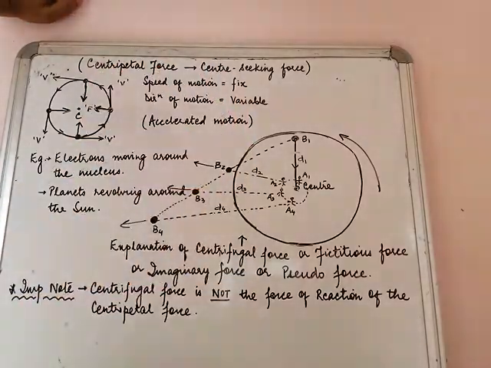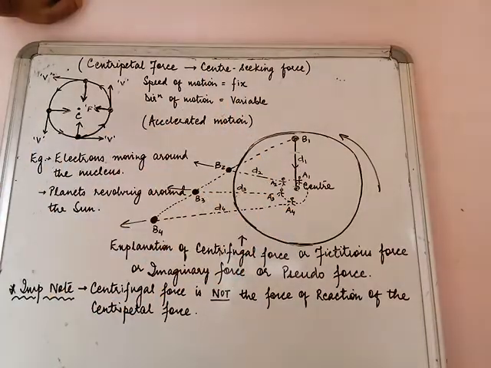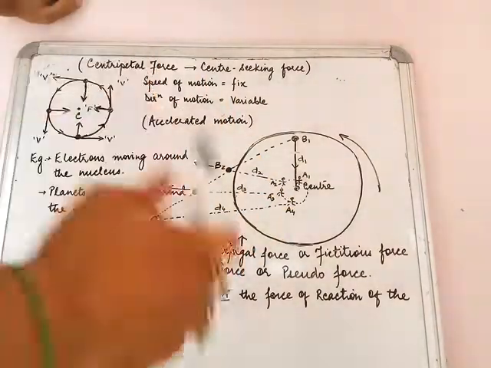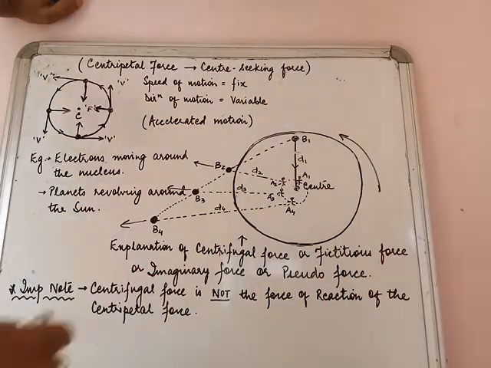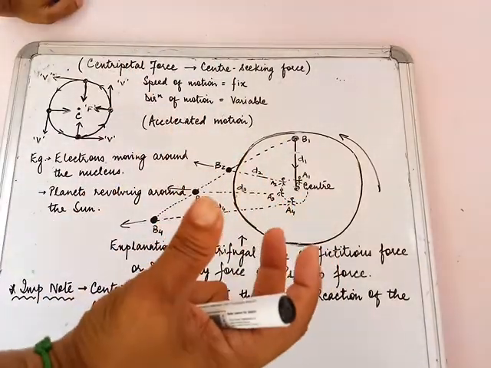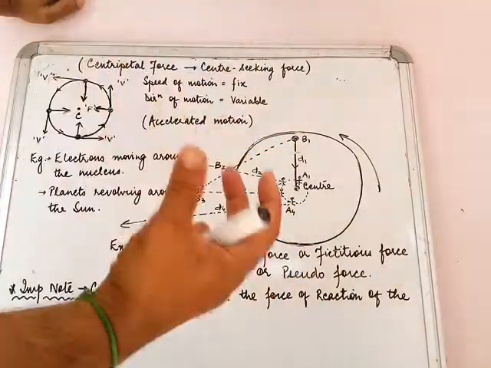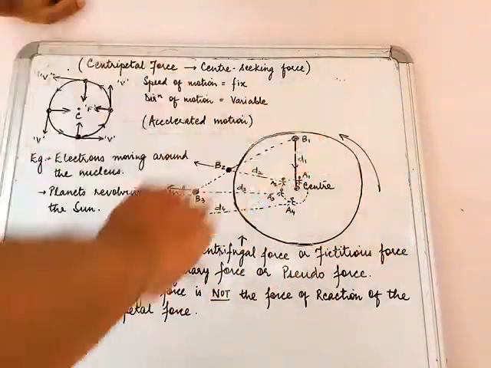So in order to explain such a motion of the ball, this person has to assume that there is a fictitious force, or a pseudo force, or an imaginary force which is acting on the ball. And what is the unique property of this force? The property of this force is to take the body radially outwards, away from the center.